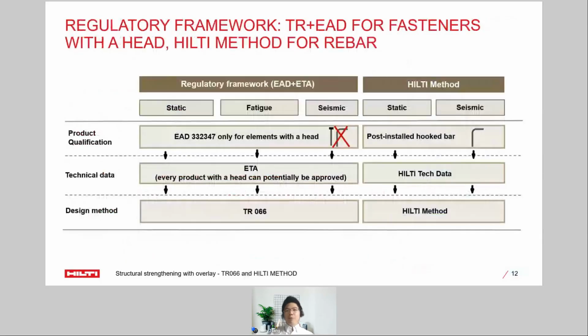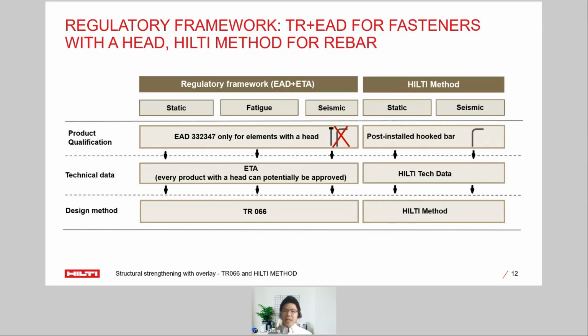Now a bit more on the whole regulatory framework of concrete overlay. As mentioned, the new TR66 covers static, fatigue, and seismic, and it covers only the headed stud. It doesn't include the bent rebar or the hooked rebar.